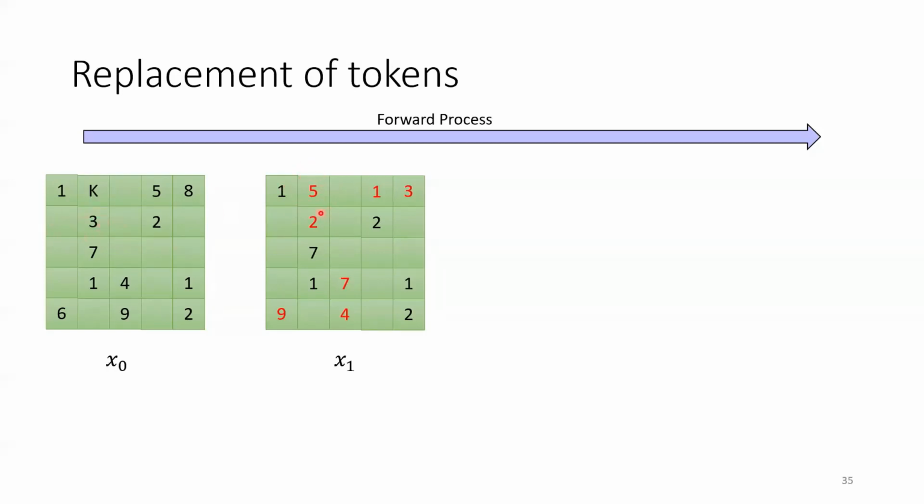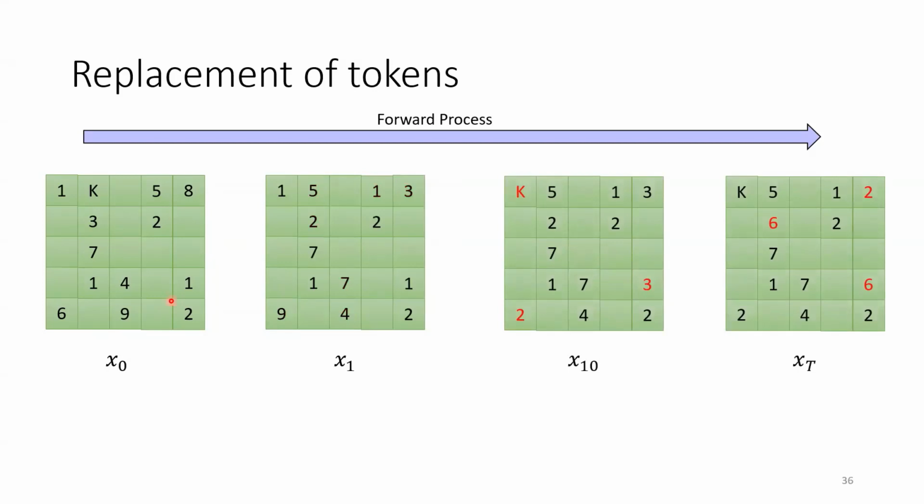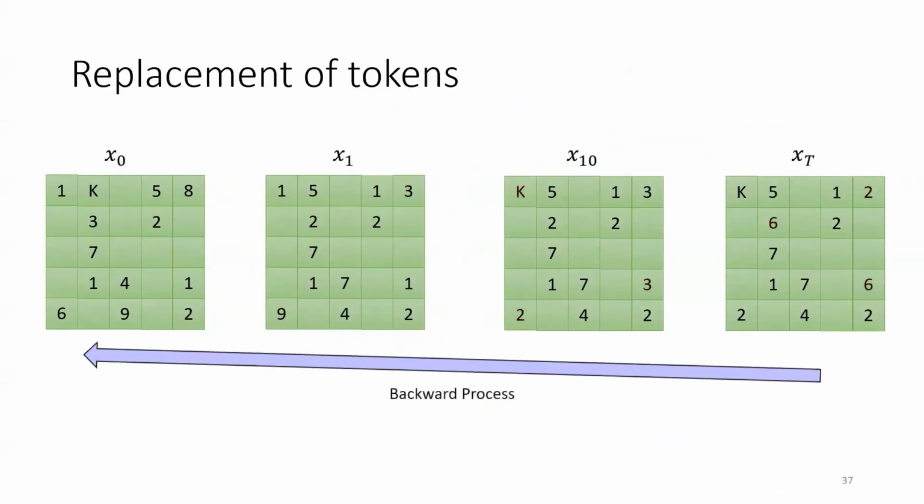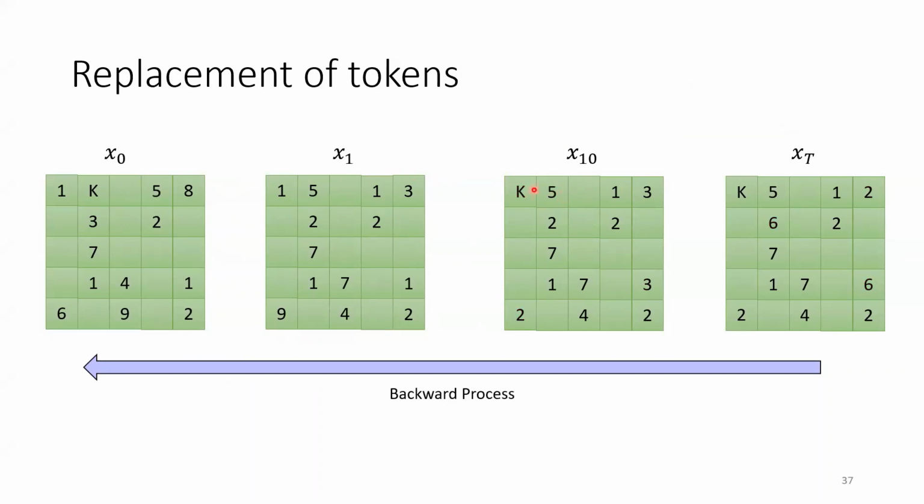For this 3, we have replaced this with 2, subsequently 5, 1, 3, 7, 9, and 4. That is the first forward step. In the next subsequent steps, we keep on going, and this is essentially our forward process. And in the reverse process, we try to denoise this process, eliminate this noise, and get the input code representation that we gave.